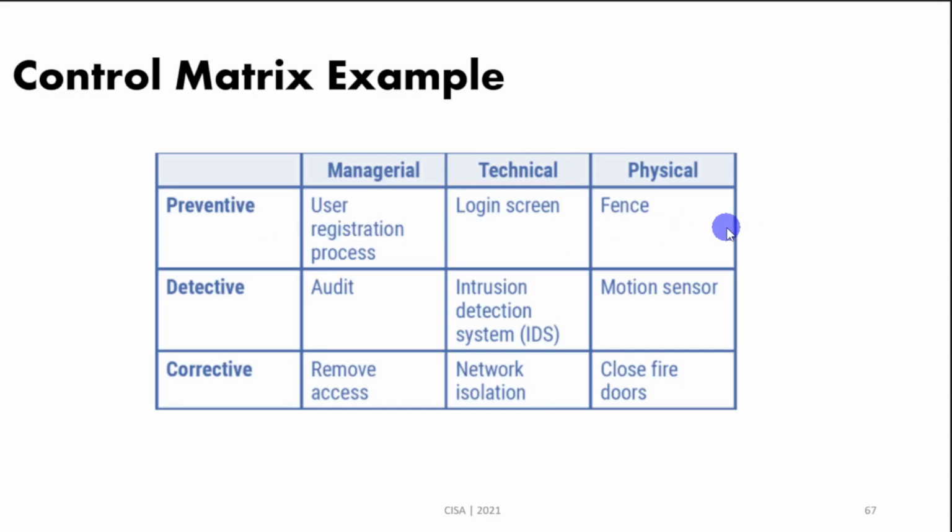If I asked you to make a kind of control for a building, you would answer by doing a security gate. In a security gate, we have a kind of physical control by implementing a fence.